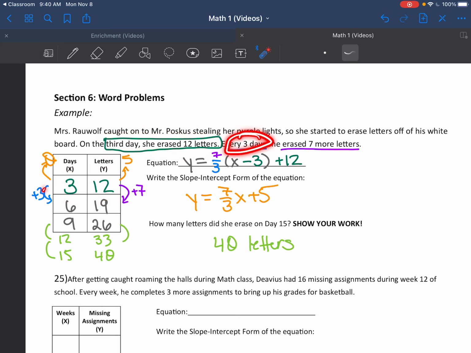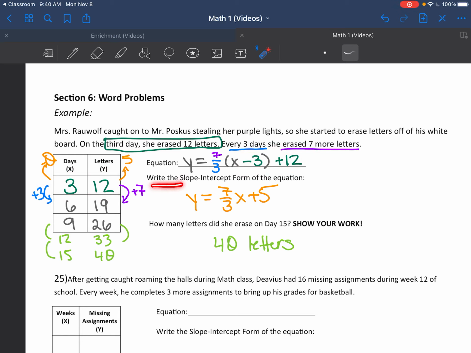Every 3 days, so that means I'm going to add by 3 for the day side, she's going to erase 7 more. So that means I'm going to have 7 more letters erased, which means I add. And here's the rest of the table. Now I wrote the equation, y equals 7 over 3 for the slope, and then we have x minus 3 plus 12 because we have to do the opposite of the x's.